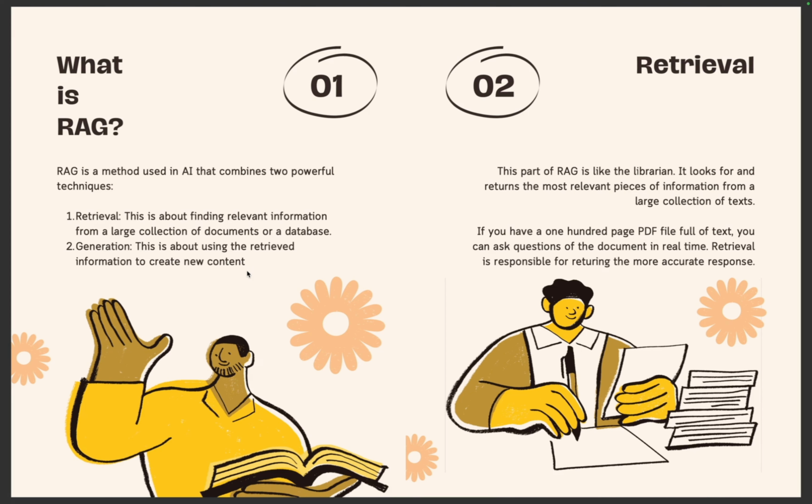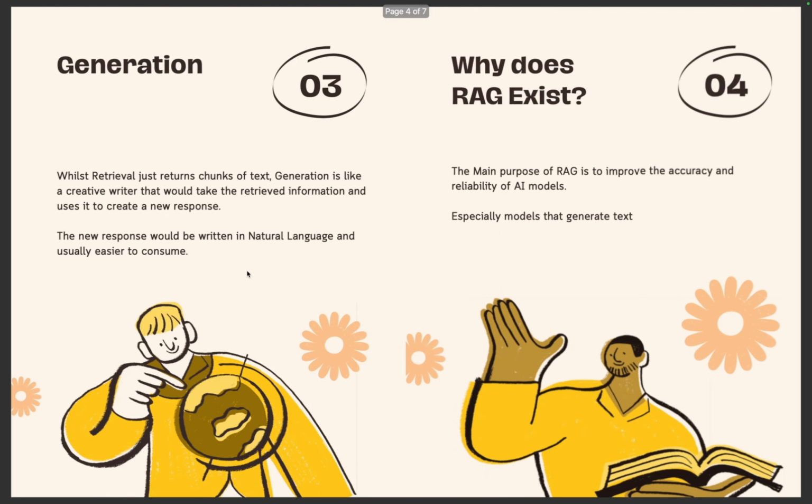And these documents tend to be chunked, that's divided into small portions and saved in a vector database. So when your question comes along, it finds the chunk that would answer the question that you've asked and then returns that chunk. When that chunk is returned to you, it's then used to query a large language model or small language model, which then converts that chunk into information that you can easily consume.